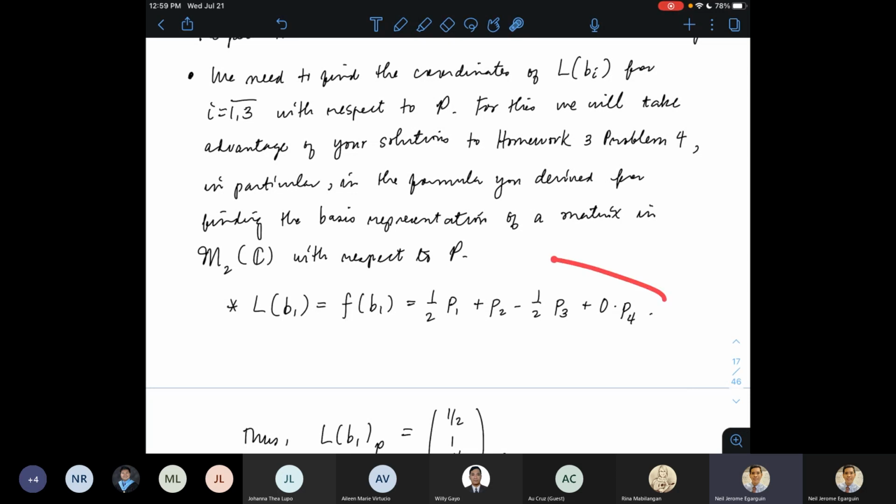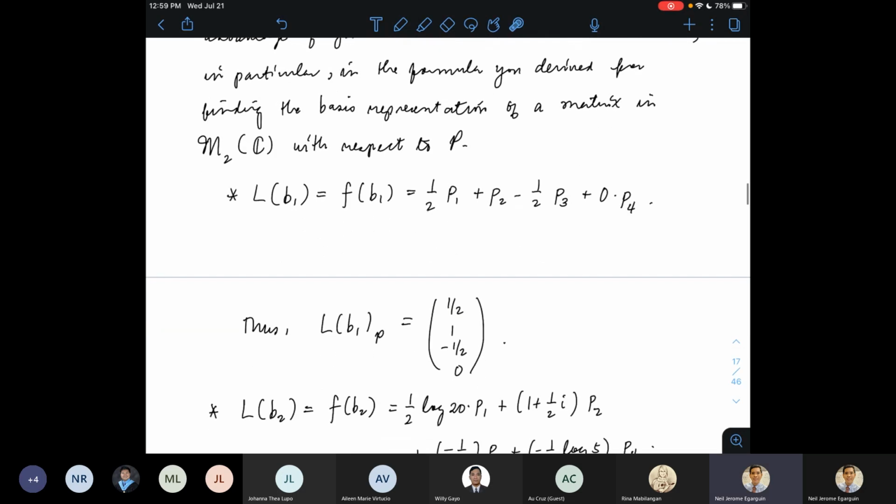And that's the formula I used here. You can revisit your answers to homework 3 problem 4, or take a look at the answer key, how I got 1/2, 1, -1/2, and 0. But again, that will just be solving a system of linear equations.